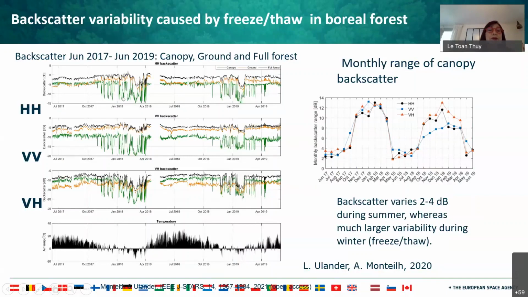You can also see variation here, big variation in winter. Because of the leaf fall, you can have 12 dB of difference, and you can see that in this case the change is mostly for the canopy. The soil is stable.